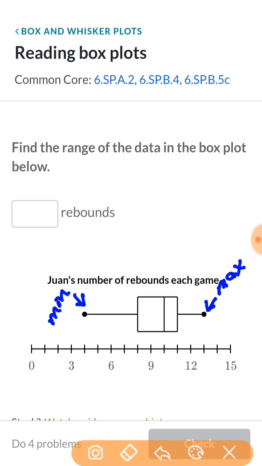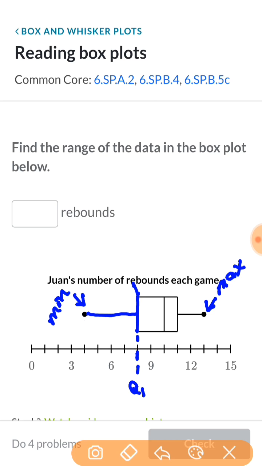Once you know the minimum and the maximum, then you should be able to recognize that if I'm talking about quarter 1 being right here, this is the end of quarter 1, which is called Q1.